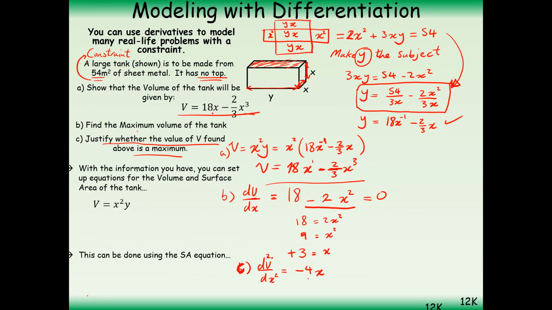So for the second derivative, we evaluate it at x equals 3. This gives us minus 4 times 3, which is negative 12. Remember, all that matters is the sign at the front. It is negative, and we know that when f double dash of a function is negative, this implies it's a maximum.